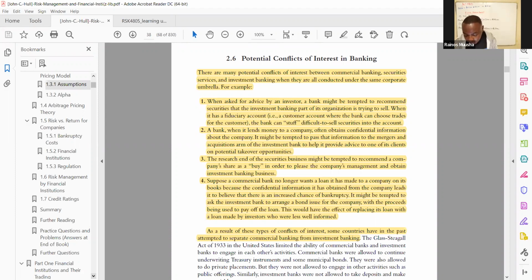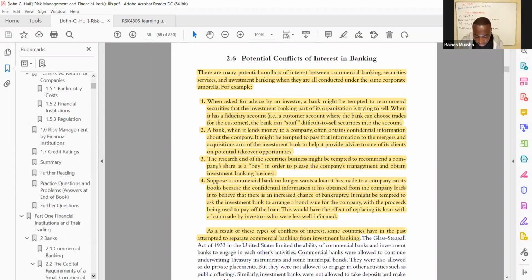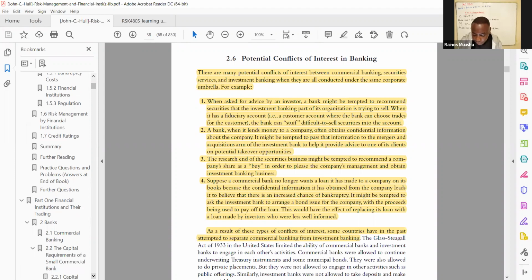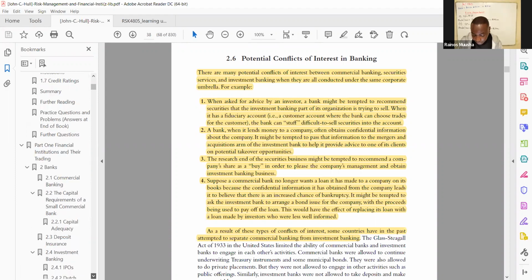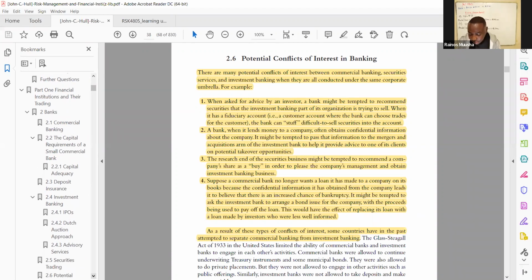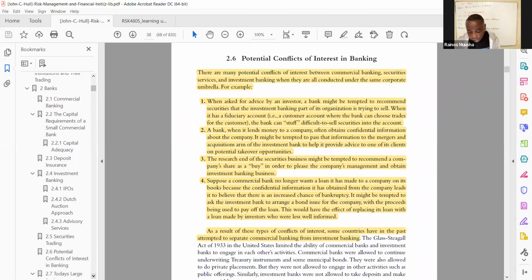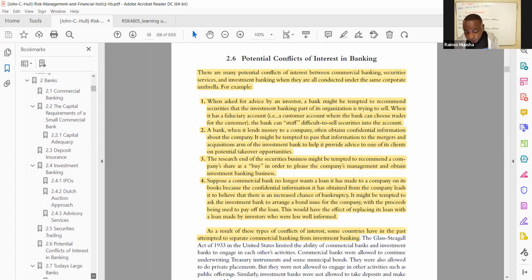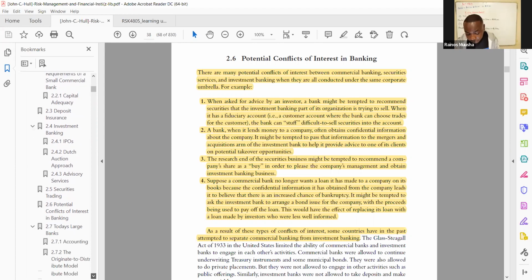So in this case, they say when it has fiduciary accounts, the bank can be tempted to sell securities into that account as well. Then they also say a bank, when it lends money to a company, often obtains confidential information about the company. It might be tempted to pass that information to the mergers and acquisitions arm of the investment bank to help it provide advice to one of its clients on potential takeover opportunities as well.